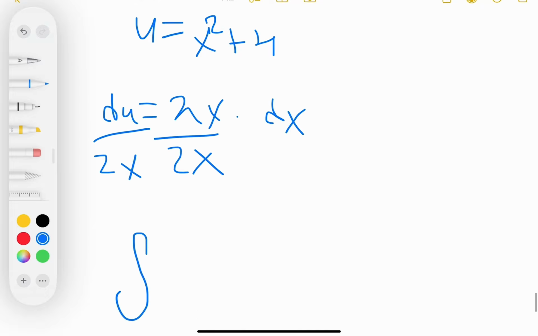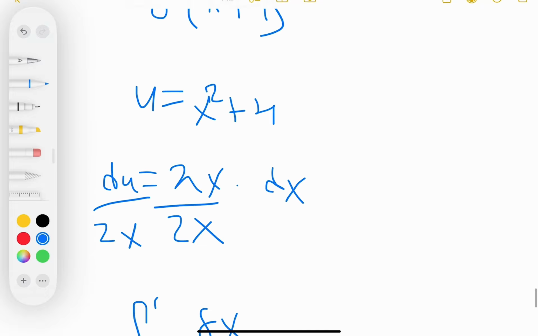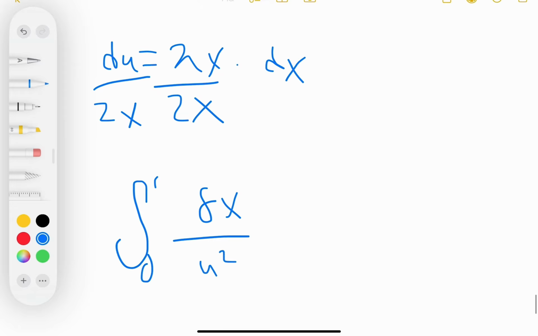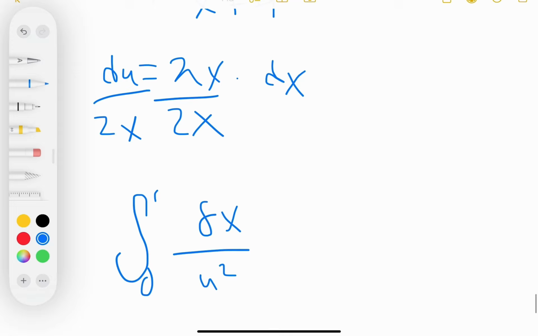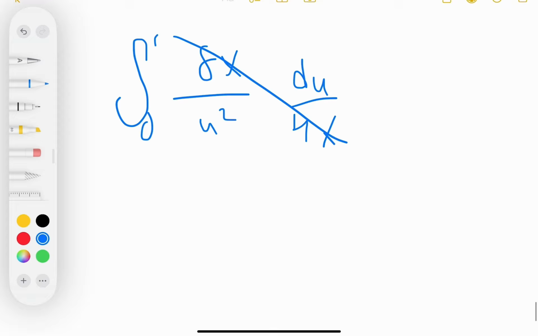So now we have our original integral, from 0 to 1 of 8x times u squared. Since this is du, 4x and 2x, these can divide, so that's just going to give us 4. So we put a 4 out here.